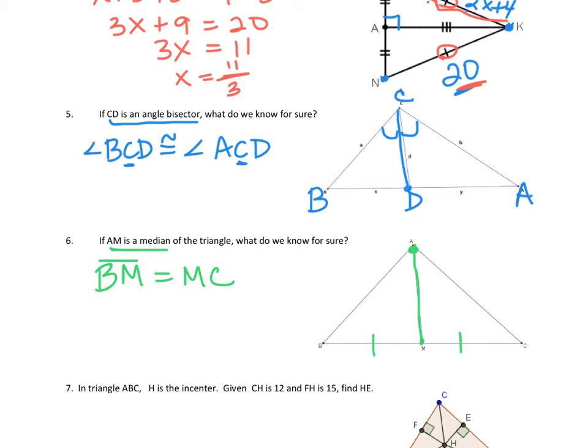Or we can say that the segment BM is congruent to the segment MC. Remember that without the segment on top, it means the length of, and we can put equals. Any questions on that? See, I told you there's a ton of stuff about these triangle segments and their centers.